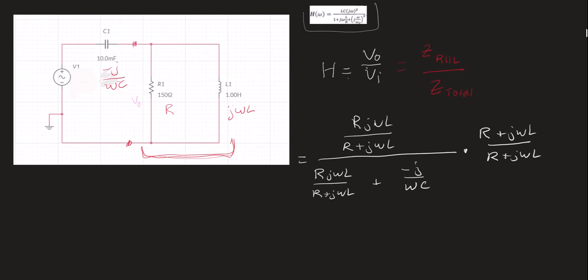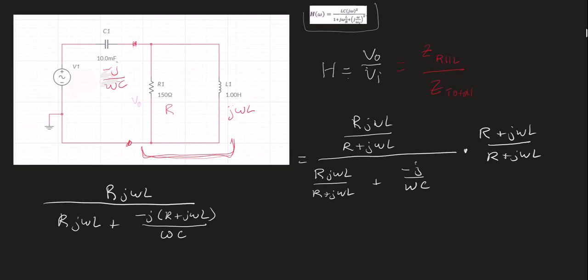In the numerator, the R plus j omega L cancels, and I get R j omega L. And in the denominator, the R plus j omega L times the first term cancels, so I get R j omega L, and then plus negative j times R plus j omega L over omega c.